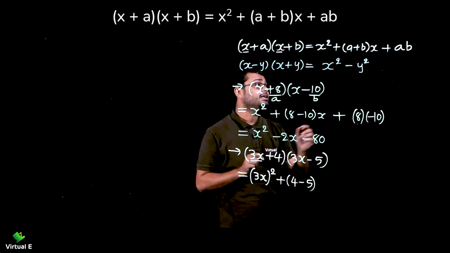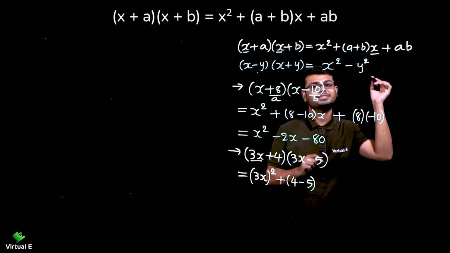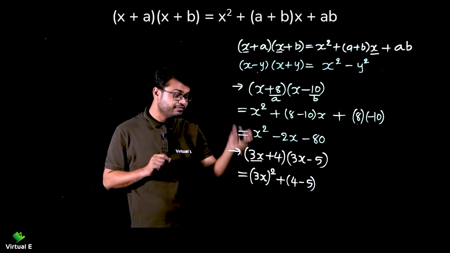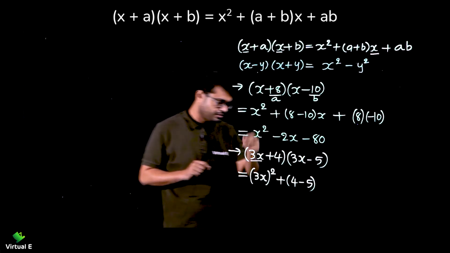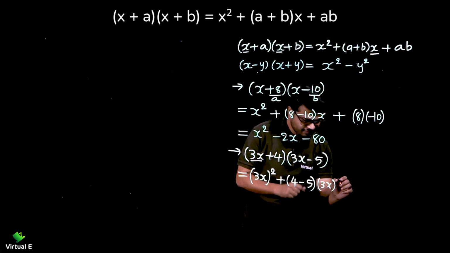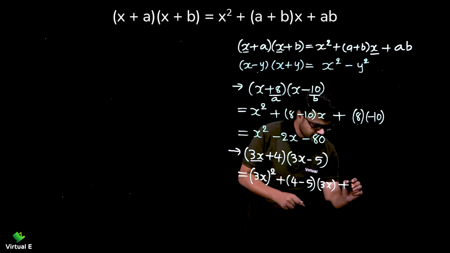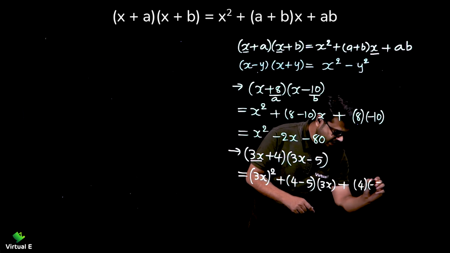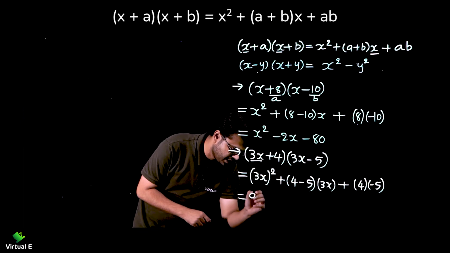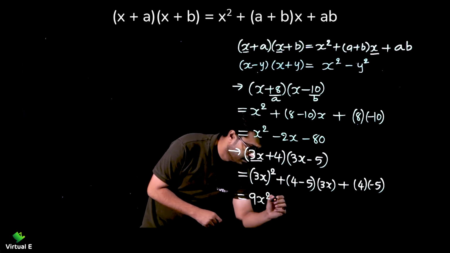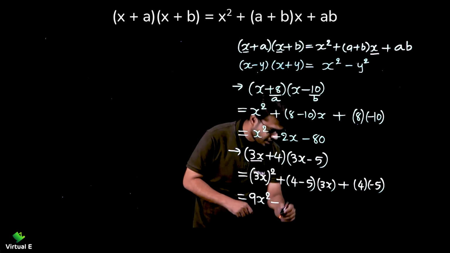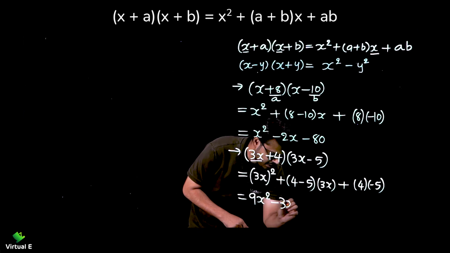Now see, in the identity again one more time x is there, but in our case what is x? We are supposed to replace it with 3x, so 3x. Then finally the product of these two, that is 4 multiplied by minus 5. So let's simplify it. Here 3 square is 9, x square is x square. Here 4 minus 5, that is minus 1 only, and 3 over here, so minus 3x.